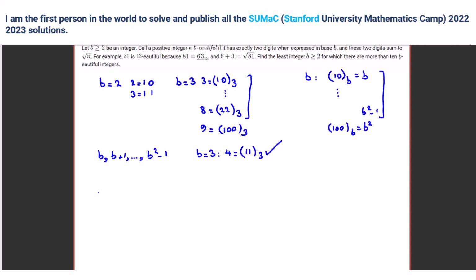So now let's consider, for example, do you agree we should have at least 10 perfect squares? So let's find the first b that creates 10 perfect squares. It means here we should have at least 10 perfect squares.